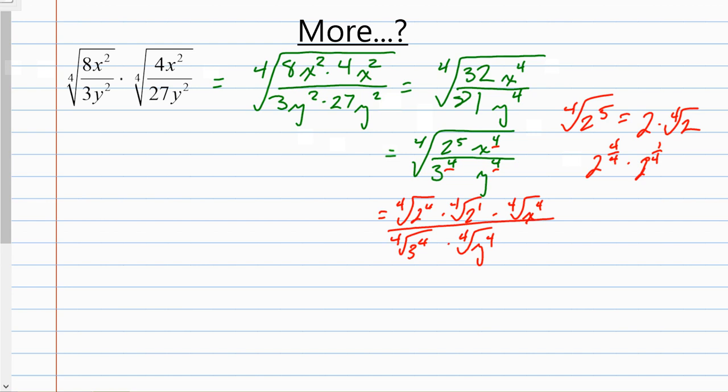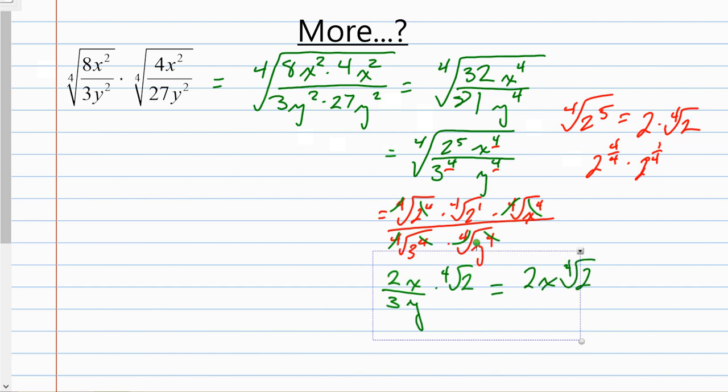And all of these 4/4s cancel out. All of those come out of the radical. So I have a 2x over 3y, and I have a 4th root of 2 at the back end. So I could write this together, 2x times the 4th root of 2 all over 3y.